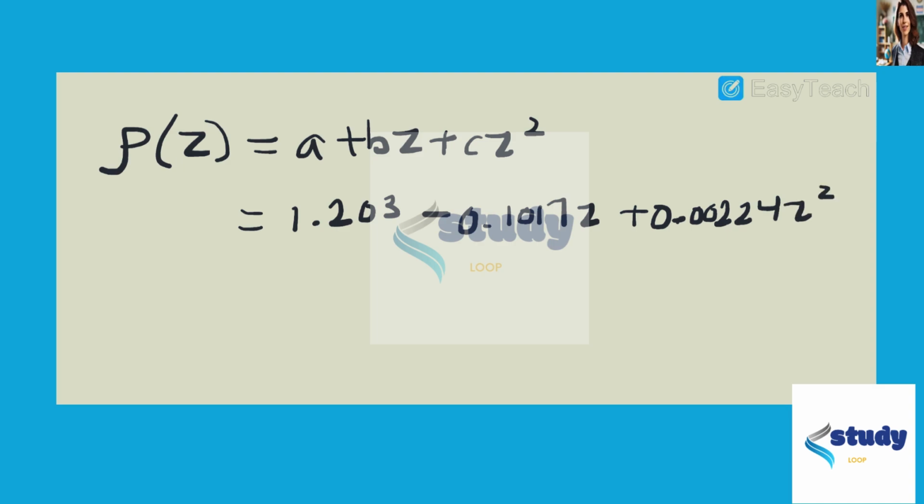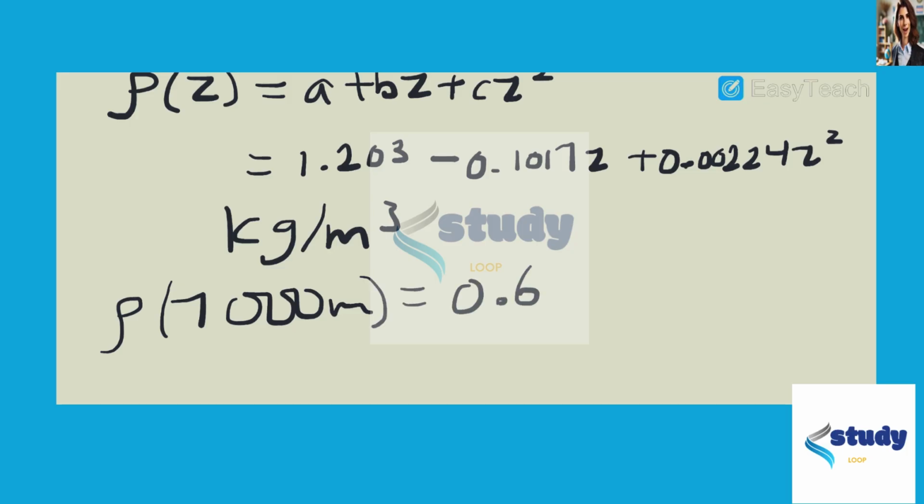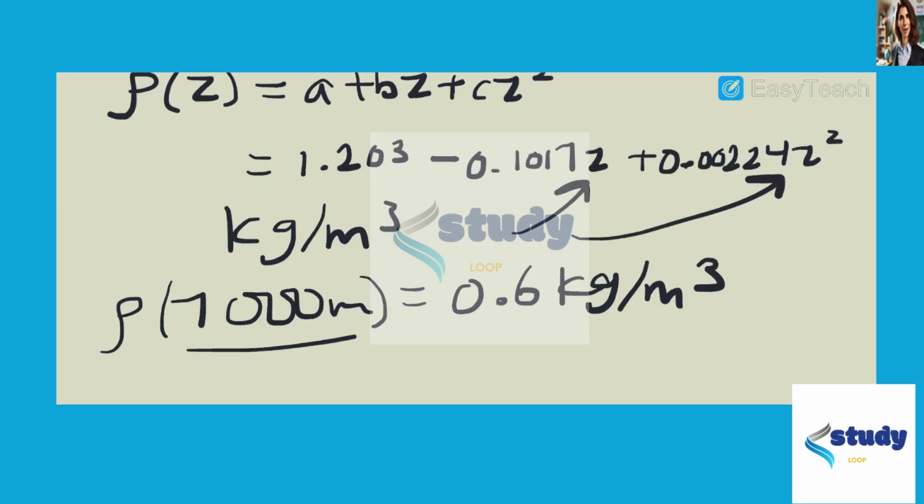Now, this is in units of kilograms per cubic meter. So when we do this for a height of 7 kilometers, this would give us a density such that rho of 7,000 meters is equal to 0.6 kilograms per cubic meter. And the way we solve for that is we basically plug in 7,000 meters for z in this equation.